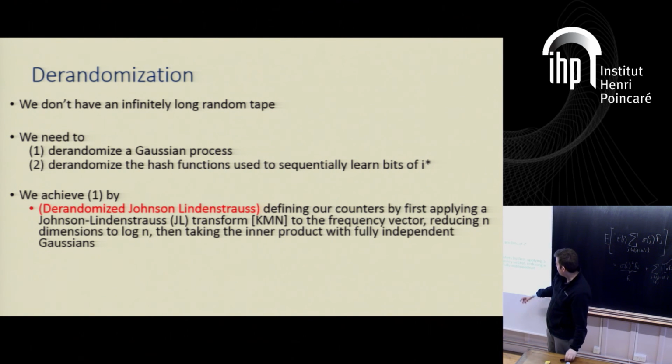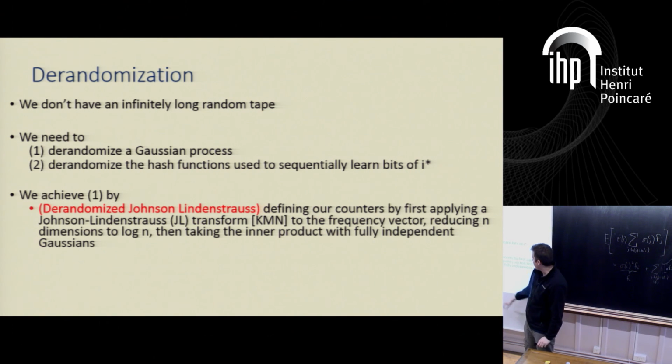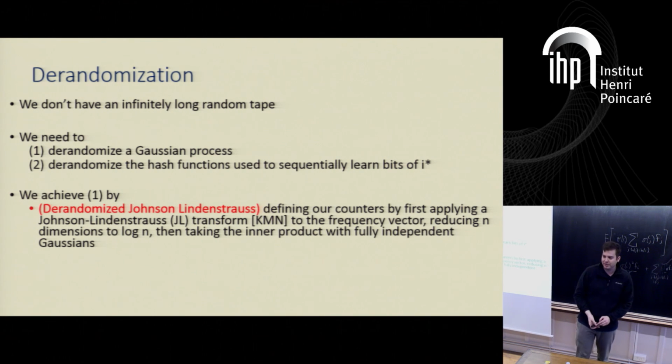But what Kane, Meka, and Nelson showed is that this matrix can be specified using only log n bits of space. So you can get a very concise representation. Basically, we have all these counters of the form Gaussian g_i times F_i, for i equals 1 to n, at some particular time in the stream.